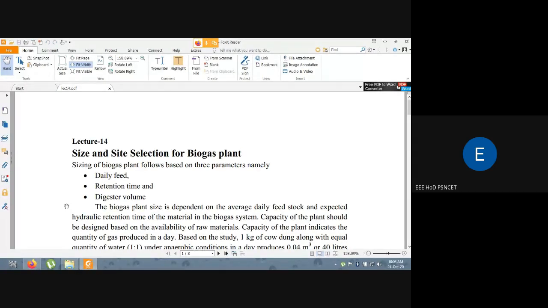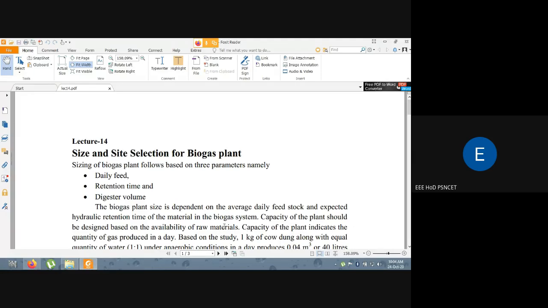It's not only from cows. There are a lot of animal farms, like pig farms. The waste from pigs can also be used as a raw material for the biogas plant. It is mixed with an equal quantity of water at the mixing table and applied into the digester.